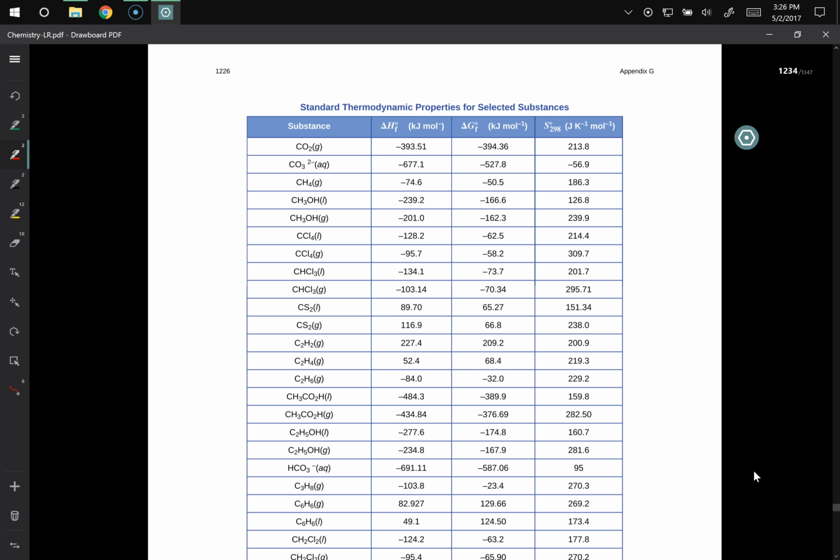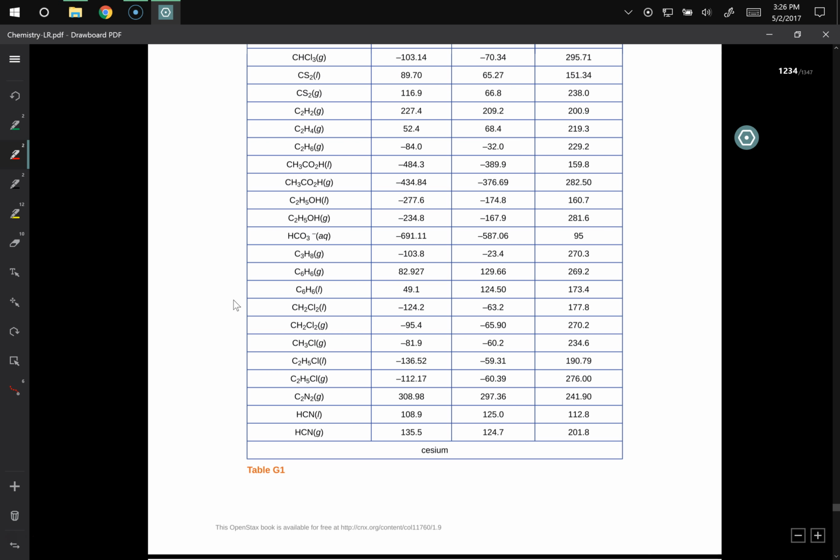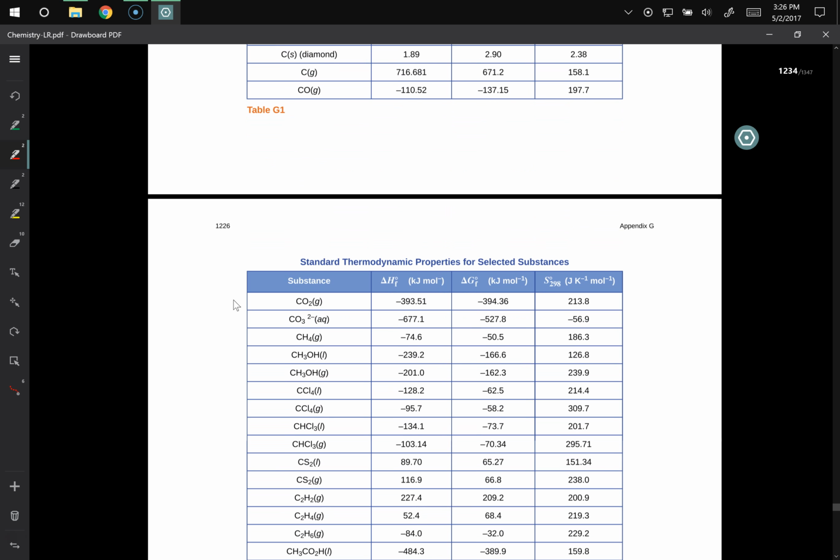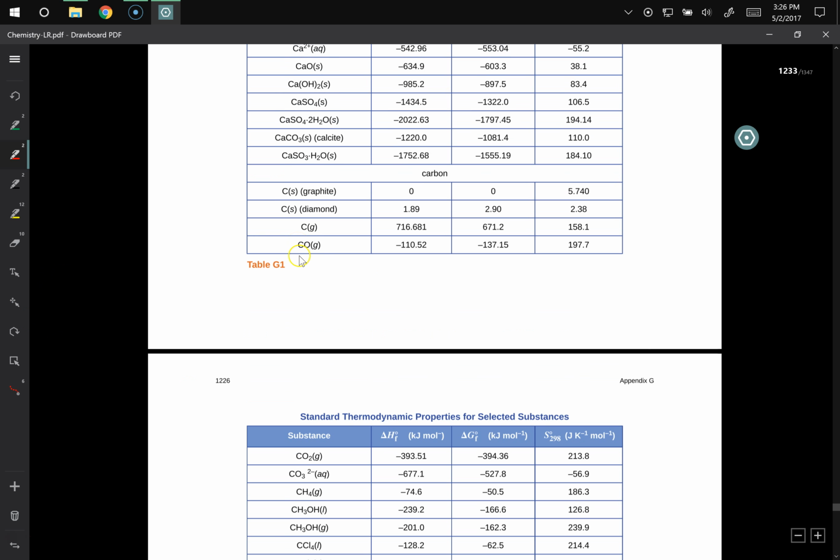So I'm sorry, what do we need? H's and S's. For what substances? Calcium carbonate. CO2? Okay. So we got negative 394, and 213, or 214. And then, what else? Calcium carbonate?